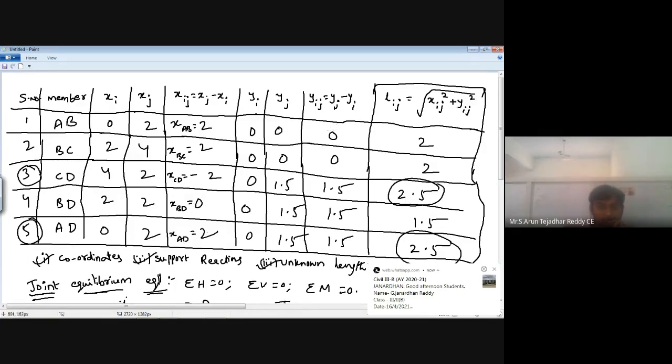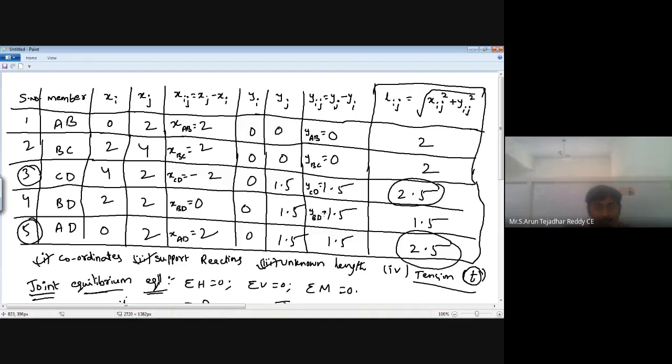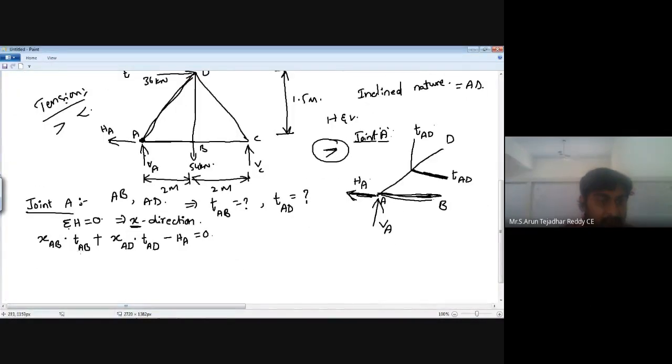Next, if you come to the Y direction, that is YIJ. In place of IJ, just write AB because our member is AB, and here YBC, because our member is BC, YCD, YBD, YAD. Now, here see XAB into TAB.